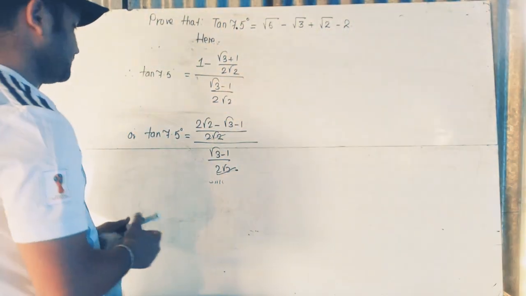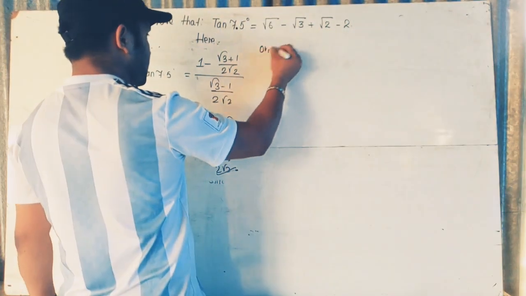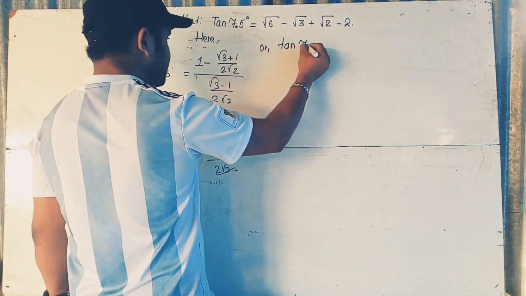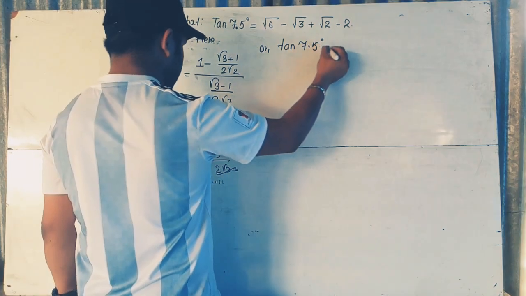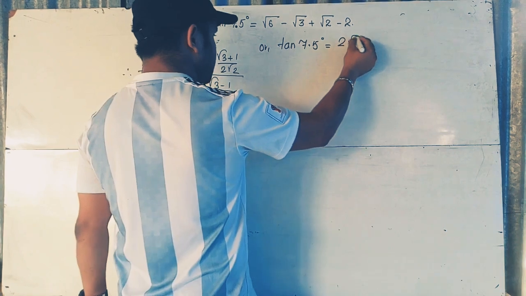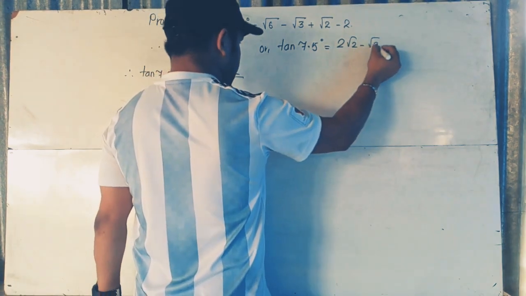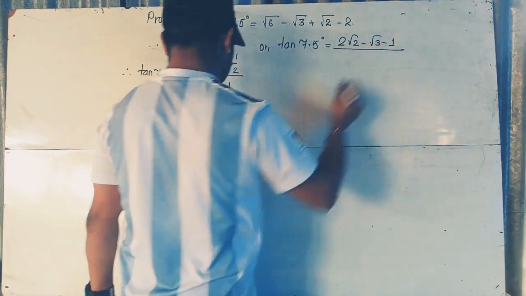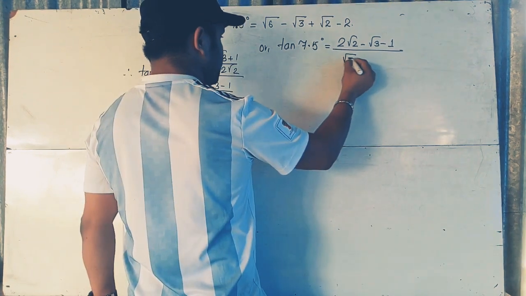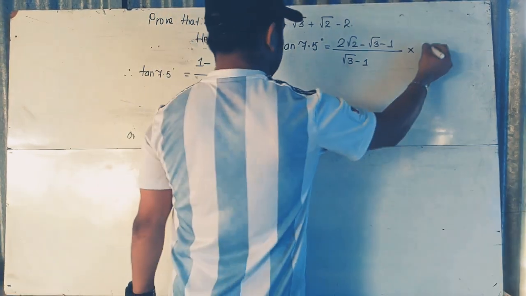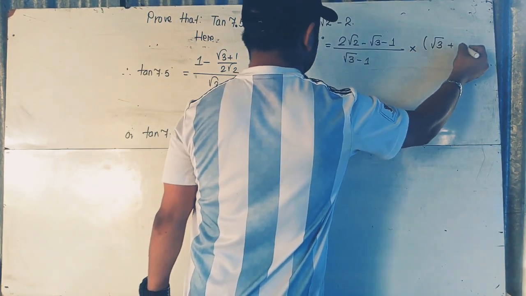Now let us solve it. Tan 7.5 degree equals, now what you have here is 2 root under 2 minus root 3 minus 1 divided by root 3 minus 1. Now you can multiply the numerator and denominator by root 3 plus 1.